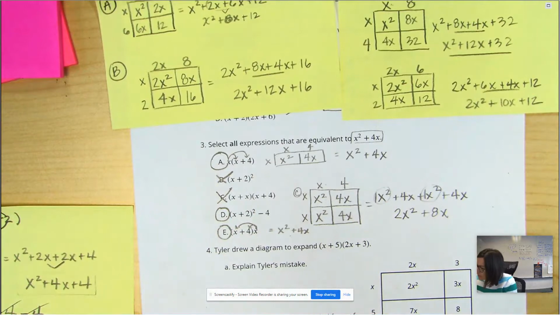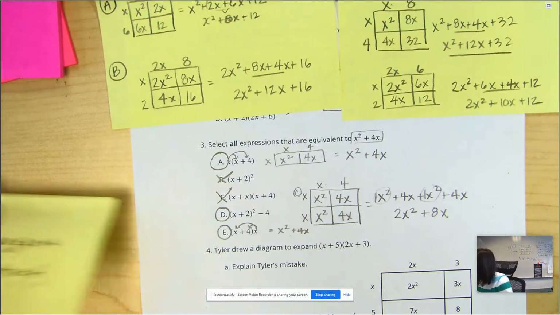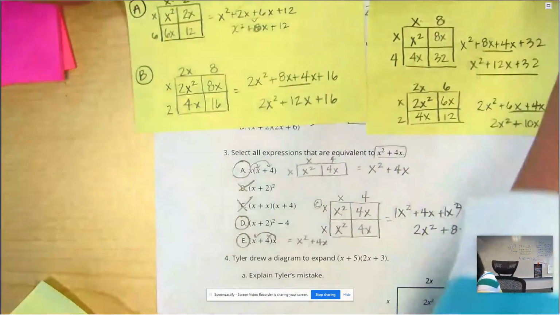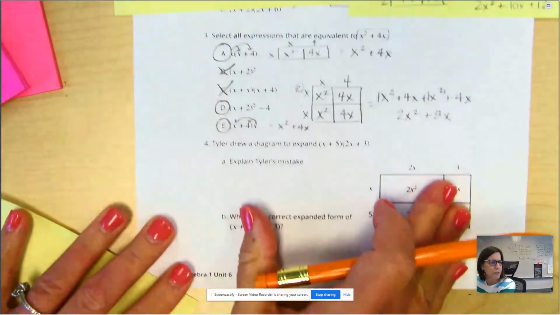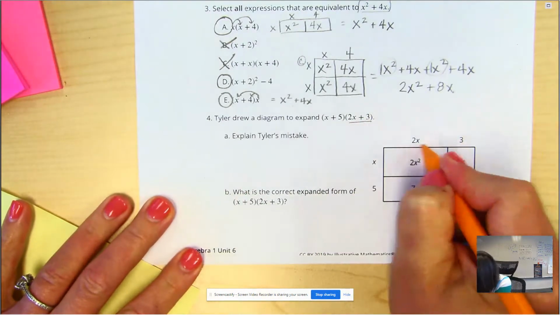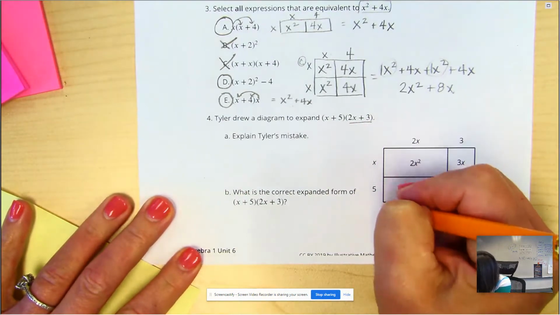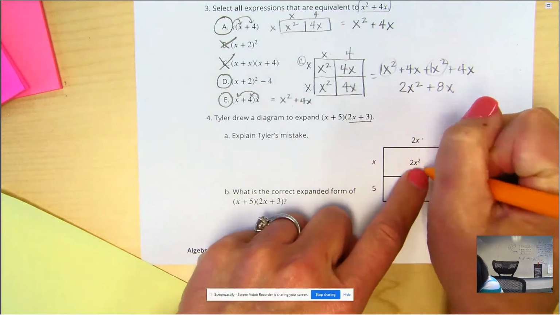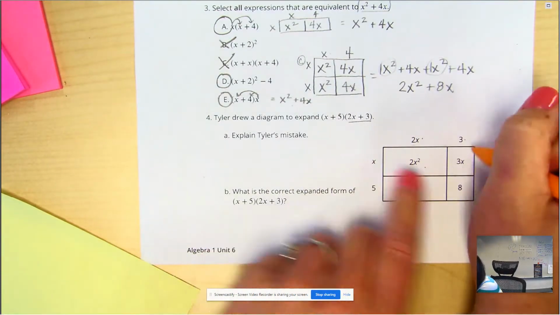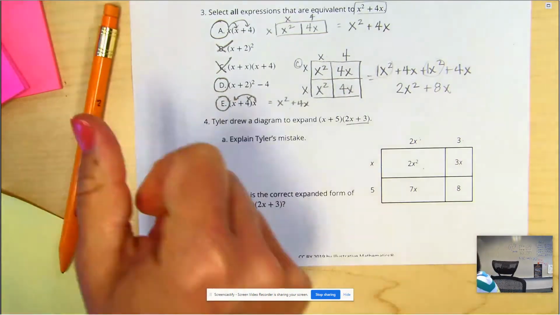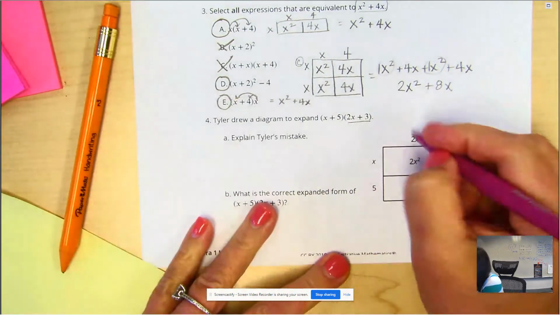Okay, Tyler drew a diagram to expand, to multiply out, x plus 5 times 2x plus 3. Okay, so far so good. He put this here. Good job, Tyler. So he multiplied 2x times x and made it 2x squared. A 3 times an x, 3x. Uh-oh. Right here is his mistake, Tyler.